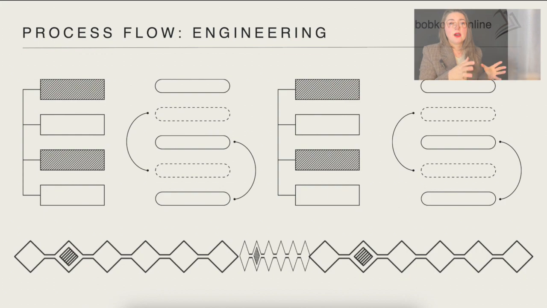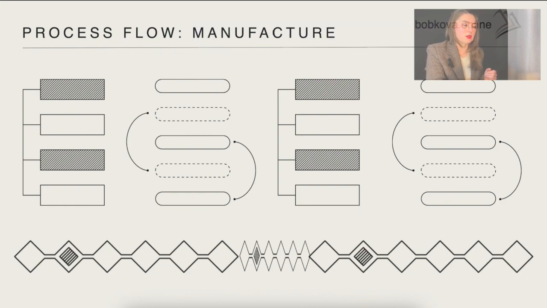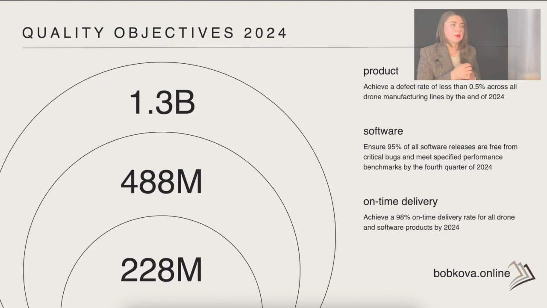Even if you have mechanical engineering reflected in waterfall processes, or software development reflected in agile processes, it still needs to be reflected on the process flow map. Yes, as I said, engineering, manufacture, and software development.